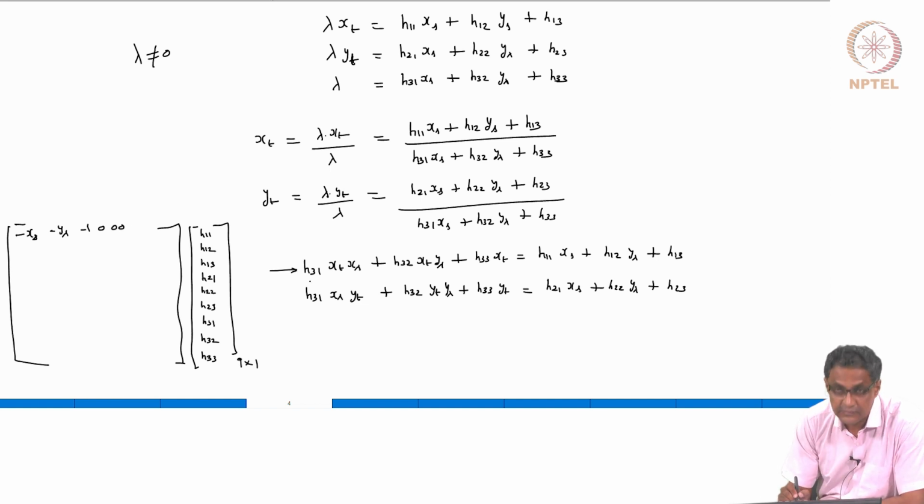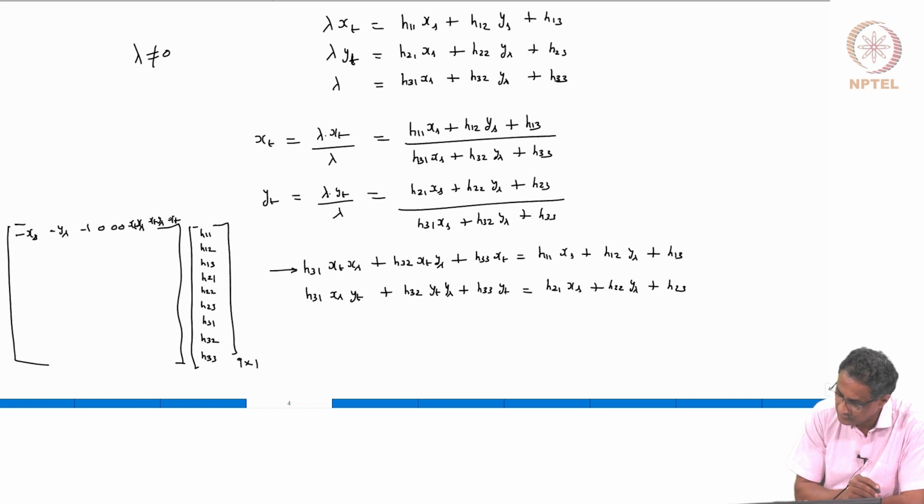I'm just rewriting this in the form of matrix vector. Then h31 will be xt xs, h32 is xt ys, and h33 is xt.